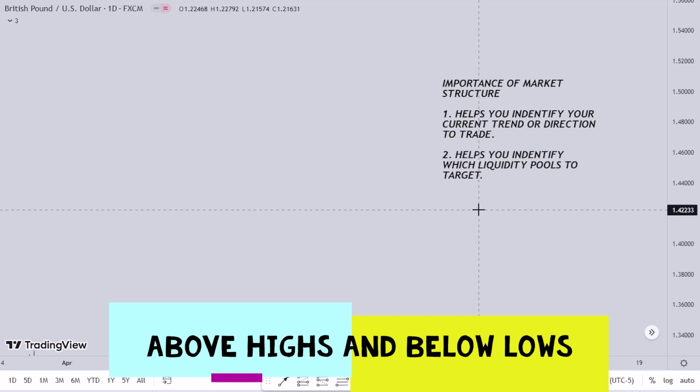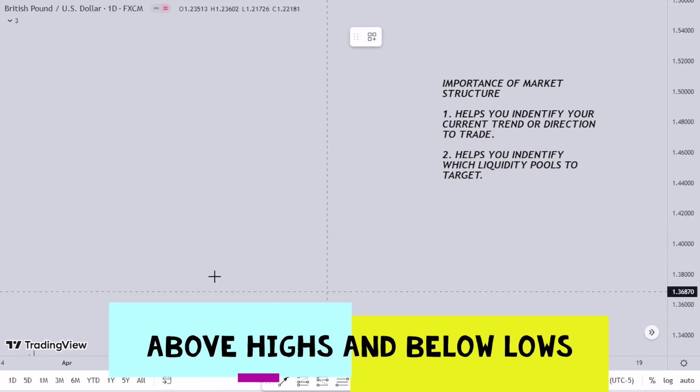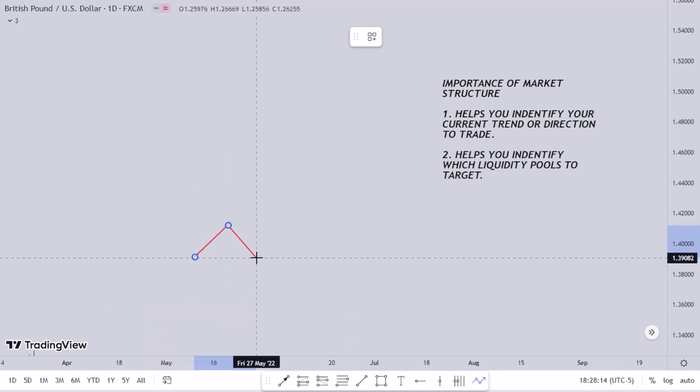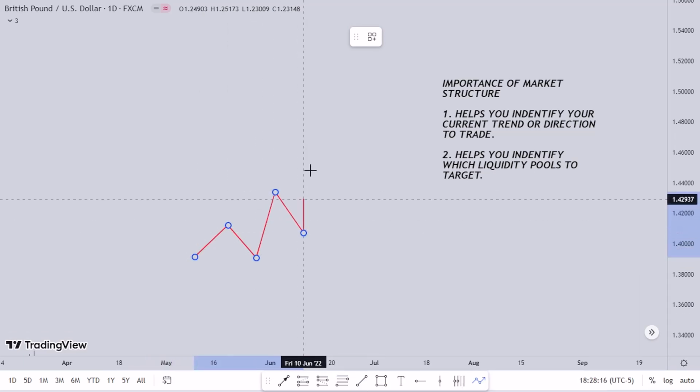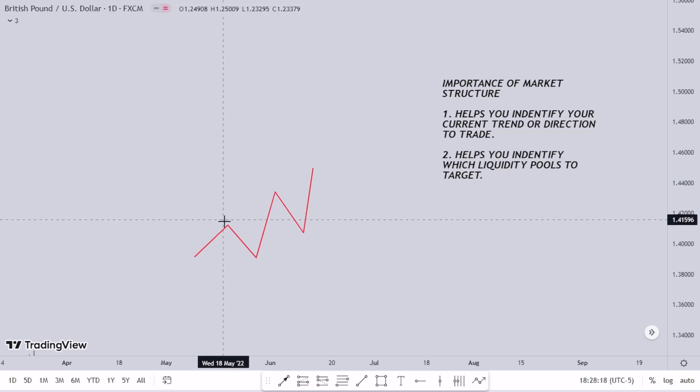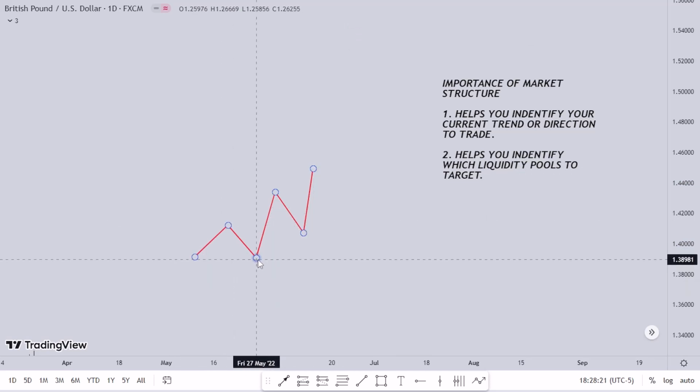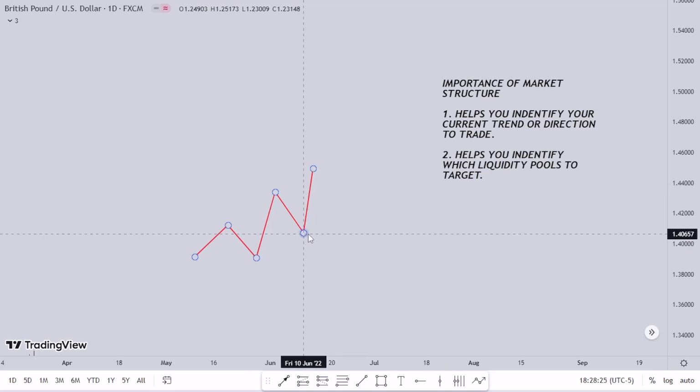I want you to take that for now. Liquidity rests above highs and lows. So let's say this: there's liquidity here, there is liquidity here, liquidity above this high, liquidity below this low.